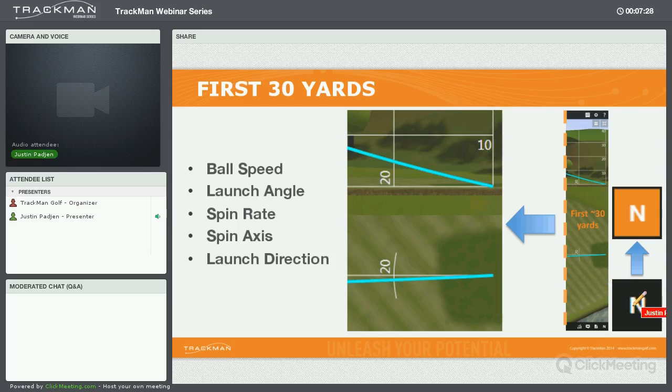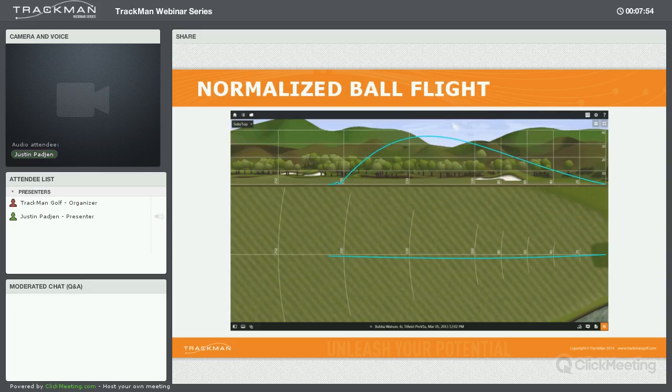Then in the software, when you turn on normalization, it's going to take the information from the actual shot you just hit, what's the ball speed of that shot, what's the launch angle of that shot, and so forth. And then it's going to take those other key factors, calm conditions, a certain altitude, a certain temperature, and the aerodynamics of a premium golf ball, and from that information, we can generate a normalized trajectory.